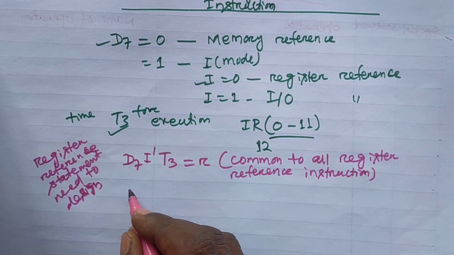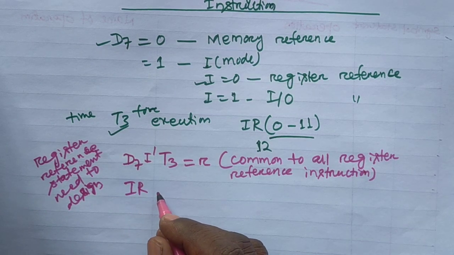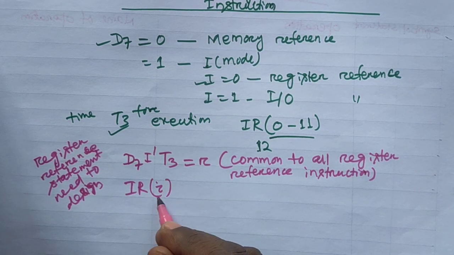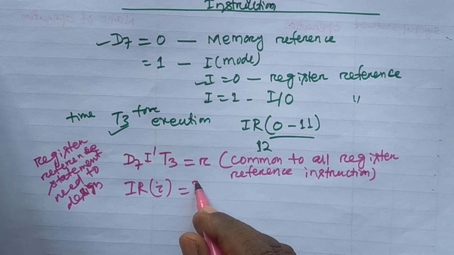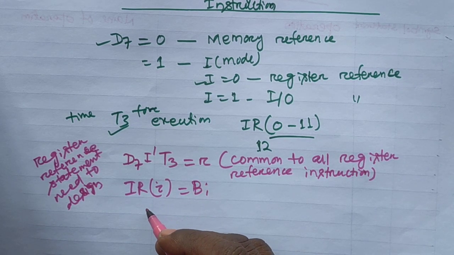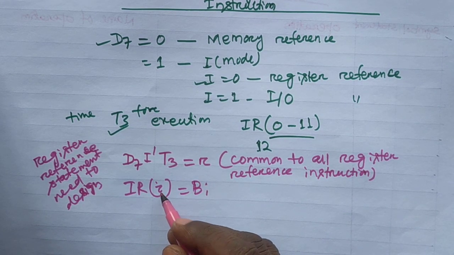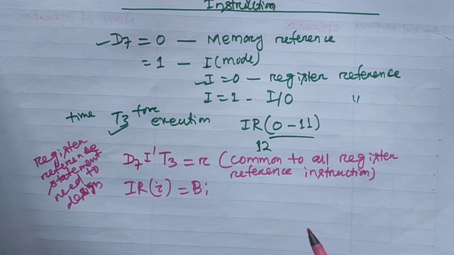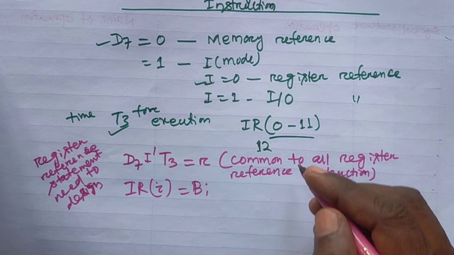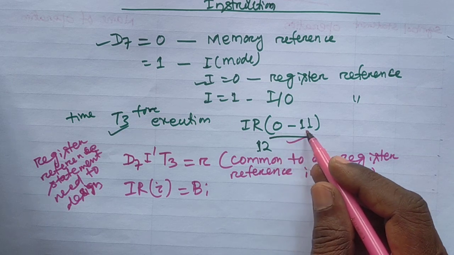Another part is IR, that is B_I. What is B_I? You see IR, this particular index is 12 bits, here you see 12 bits, 0 to 11.